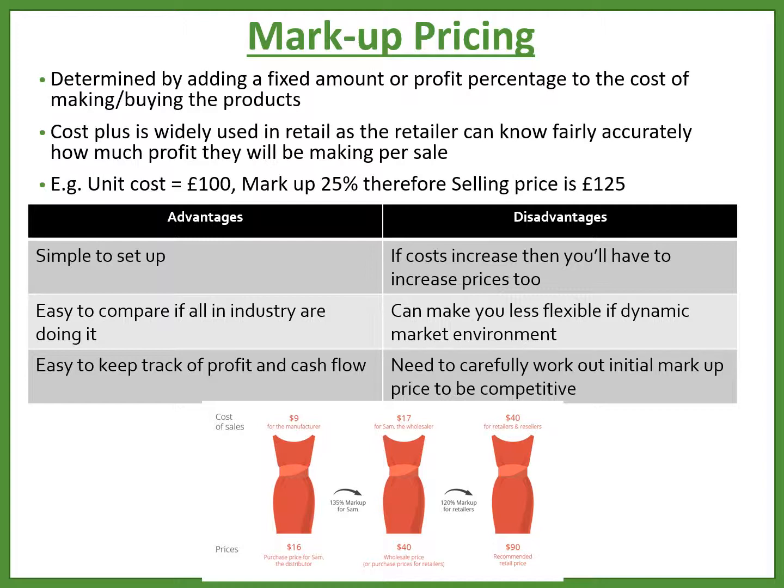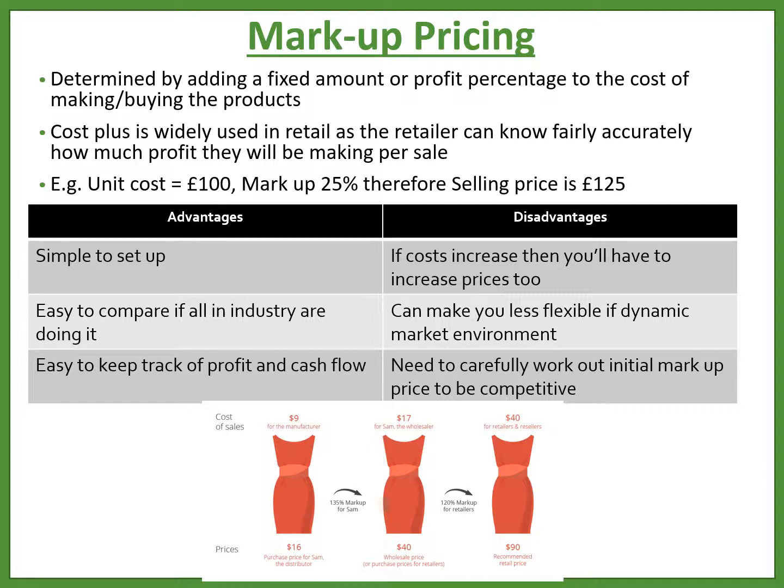And at the bottom here we've got an example, which is a dress, which is £9 for the manufacturer to actually make it. So then it's purchased by a distributor, like a wholesaler, who will purchase it for 16, so they've got their profit there. Then 135% markup will take it from them buying it at sort of 16, 17 maybe, going through to 40, which is how much they'll price it in the actual wholesaler.